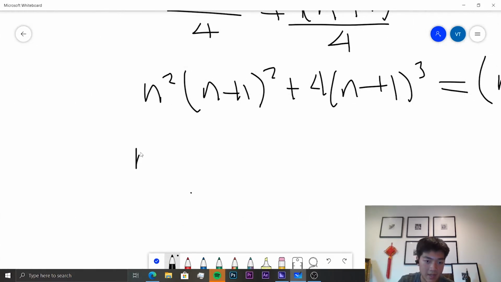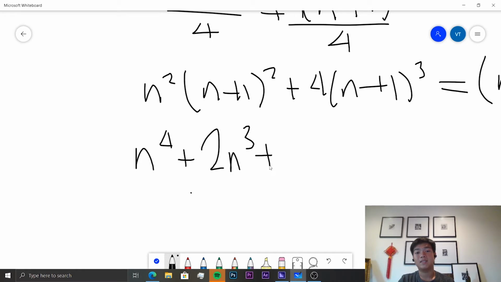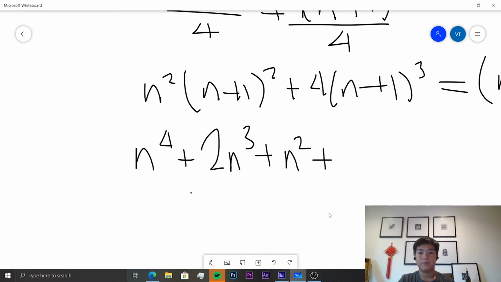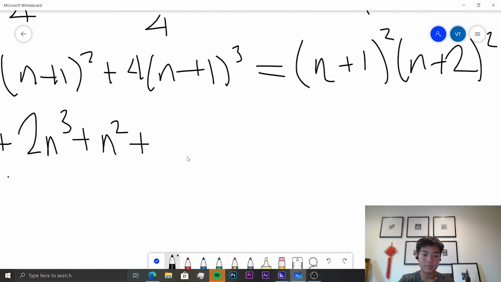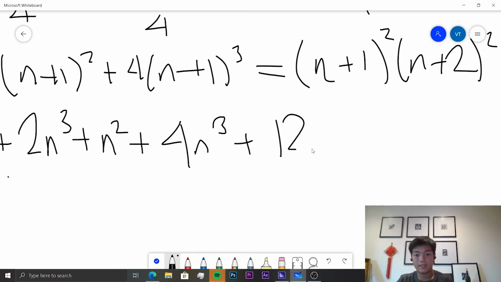So we have n to the 4 plus 2n cubed plus n squared, plus 4n cubed plus 12n squared plus 12n plus 4.